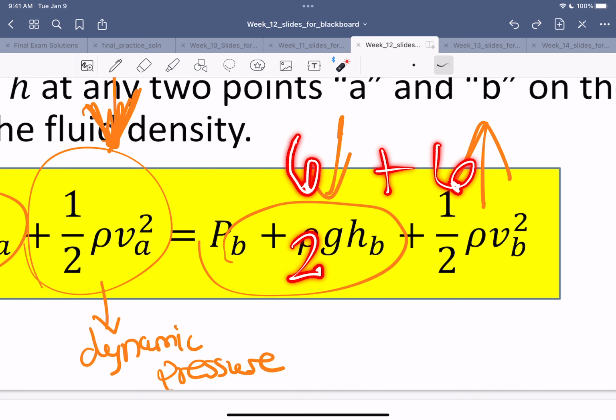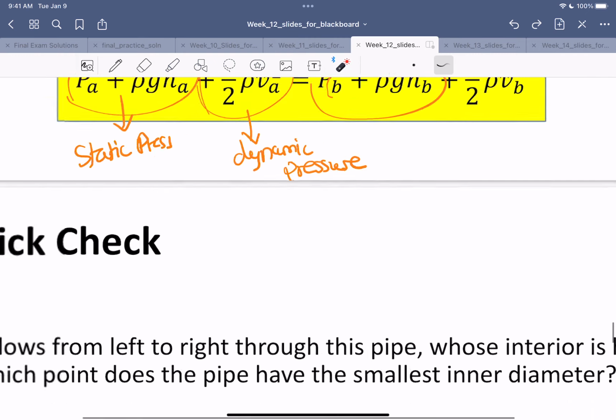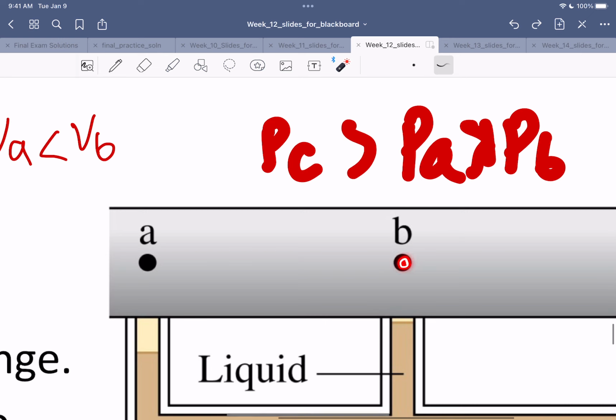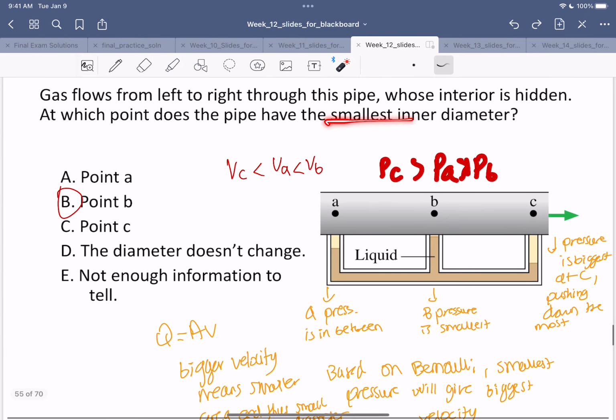Well, in that case, my dynamic pressure has to shoot up to 10 to maintain that value of 12. So the point with the smallest static pressure should have the greatest dynamic pressure, and therefore the greatest velocity, with the smallest area and smallest diameter. So that's point B. Make sense?